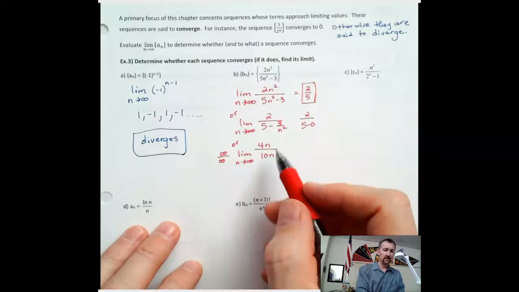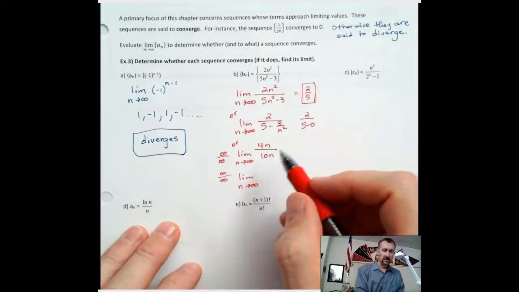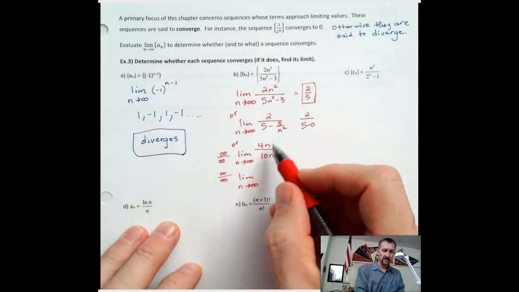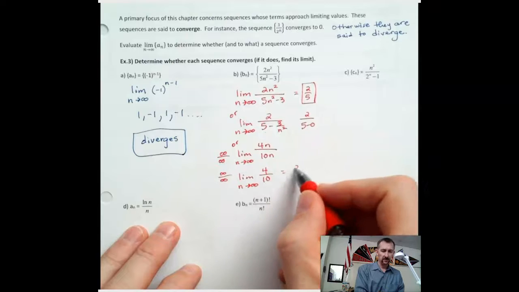And that would still be infinity over infinity. So we could do the limit as n approaches infinity. That was also infinity over infinity. So take the derivative again, you'd have 4 over 10, and that equals 2/5.